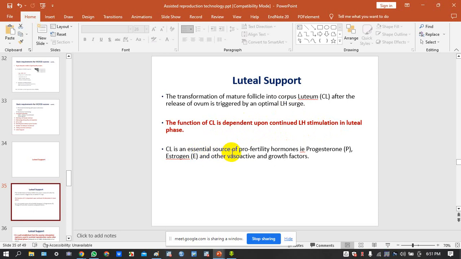The corpus luteum is an essential source of hormones like progesterone and estrogen and other vasoactive and growth factors. When IVF happens, the corpus luteum is not able to produce enough progesterone and estrogen to cause luteinization and also decidualization, or making the endometrium rich in blood vessels, blood supply, fat and glycogen to support the blastocyst or the embryo.